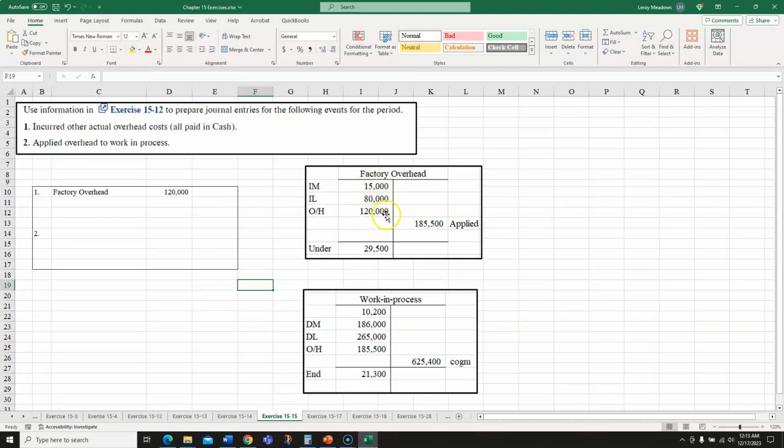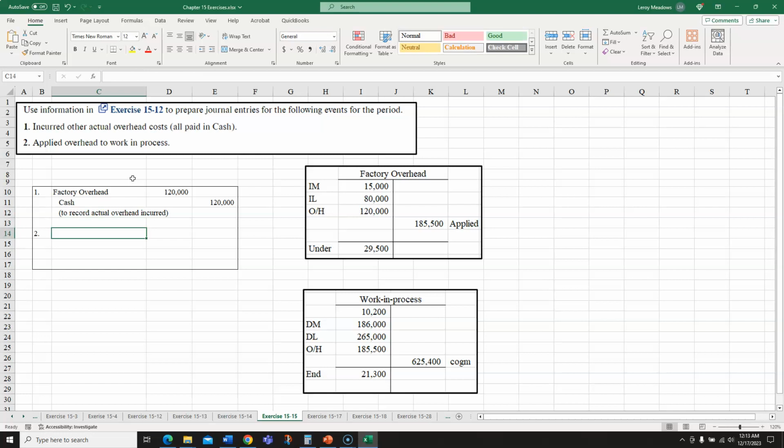That's why I'm only dealing with this. So factory overhead, and they said they were all paid for in cash. So $120,000 to record actual overhead incurred.